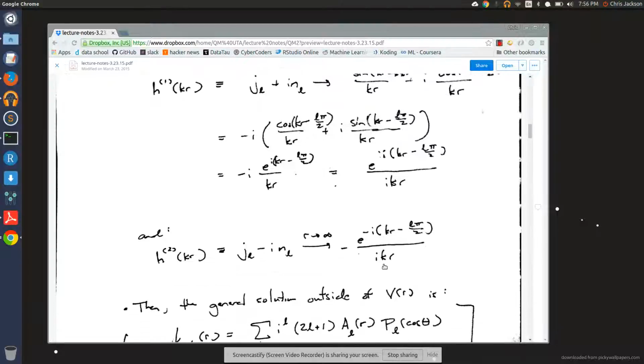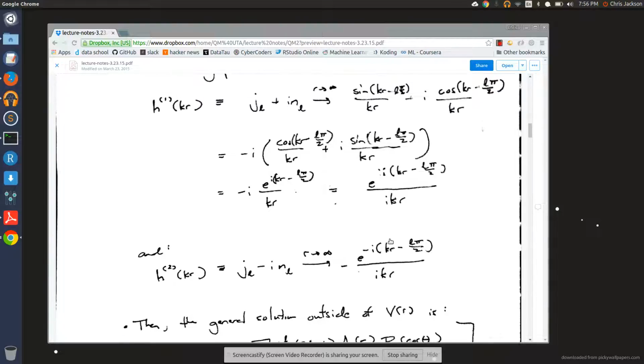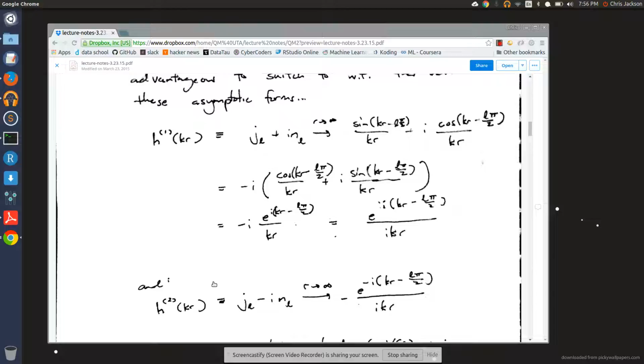Likewise, you can look at the second Hankel function, which is j_l minus i n_l, in the limit as r goes to infinity. And sure enough, you can show that the second Hankel function goes like an incoming wave, right? We're going to replace the spherical Bessel and spherical Neumann functions with these spherical Hankel functions.